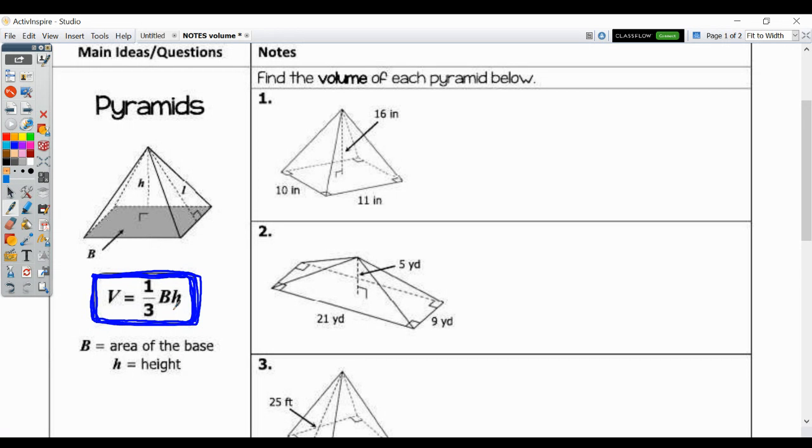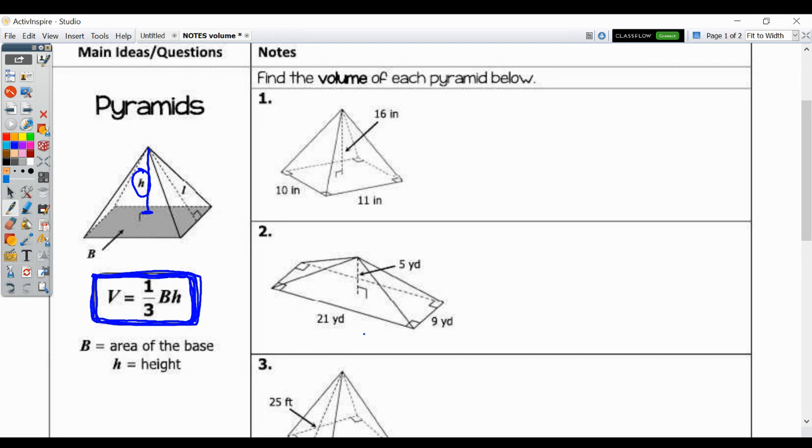And then H is how tall the pyramid actually is. So H is from the bottom of your pyramid to the very top tip point, because that's the highest part, which would be this part right here. That's your H, your height.